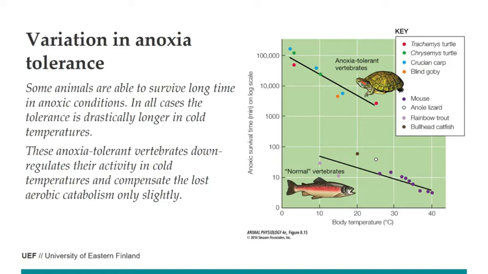And also, when they don't have oxygen available, they only have moderate or mild compensation from the anaerobic metabolism. So they don't even try to maintain the high ATP consumption, but they reduce everything that they have in life.